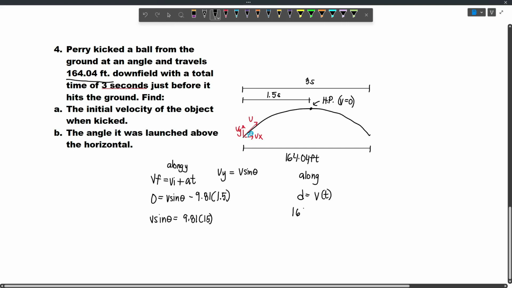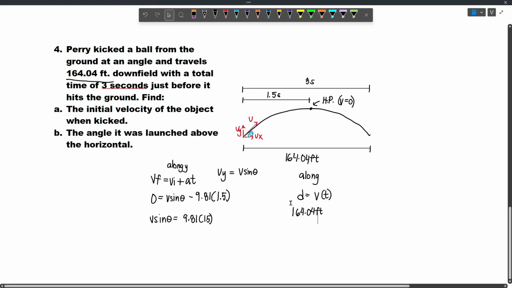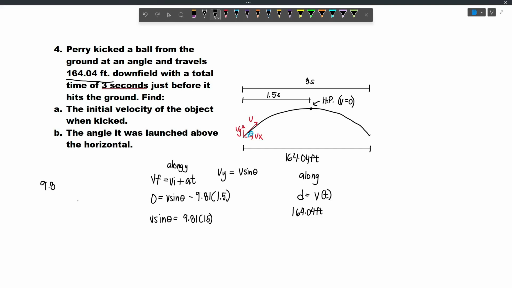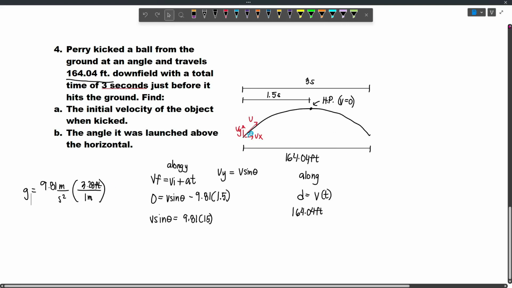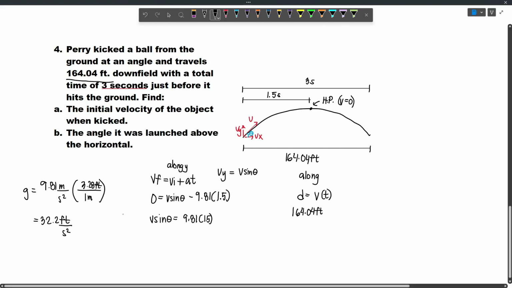To make our units consistent, since the distance is in feet, we convert 9.81 meters per second squared into feet per second squared. Multiplying by 3.28 feet per meter, gravity becomes 32.2 feet per second squared, which is what we will use.